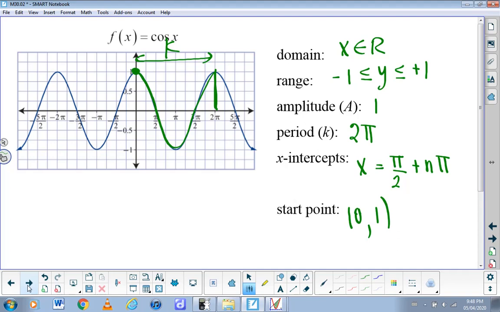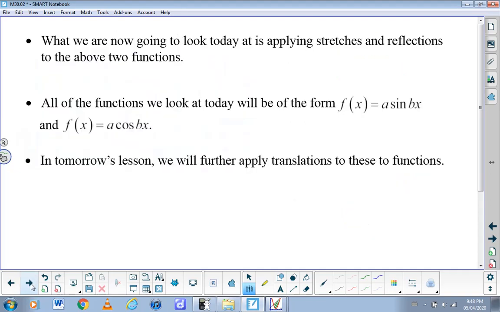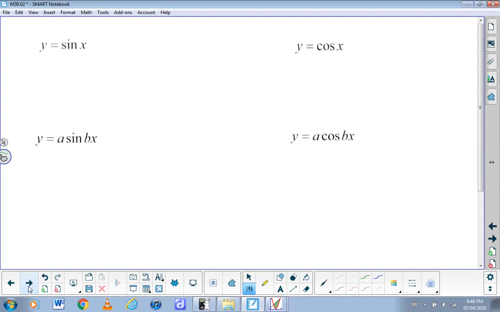Now what we are going to do is apply vertical and horizontal stretches and reflections. So we're going to be graphing, from y equals sine x, we're going to be turning it into y equals a sine bx. And cos x is going to turn into a cos bx. I'm not going to write this down for you.